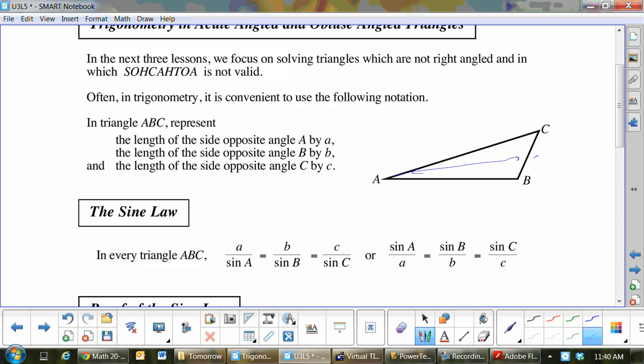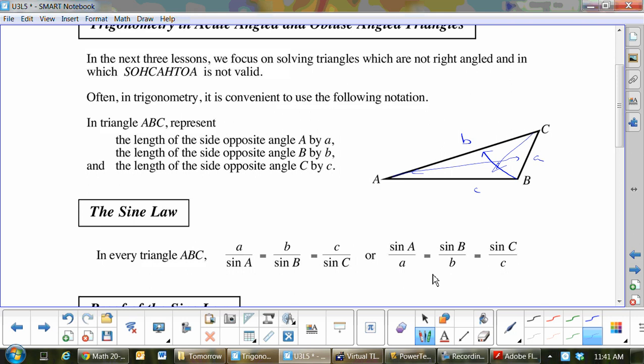This would be side A. This would be side C, and this would be side B, okay? So, did you do that last year? No? Okay, so now you know. So angles always uppercase, sides lowercase, and sides are always opposite their angle. Again, just learning the language, right? Learning all these little things does make life a little bit easier when you're doing these questions.